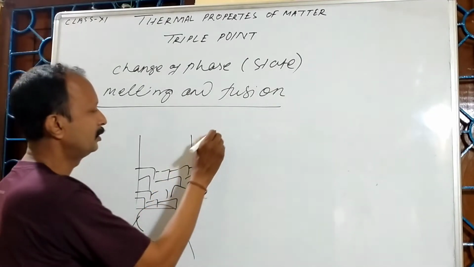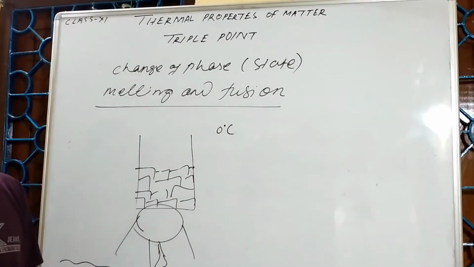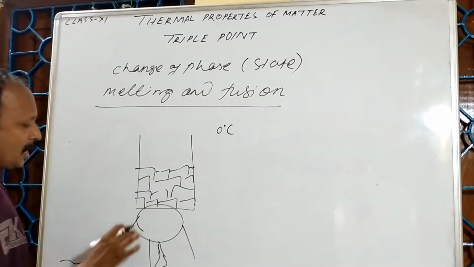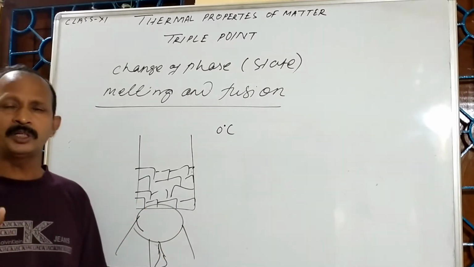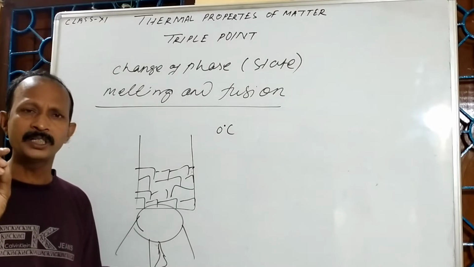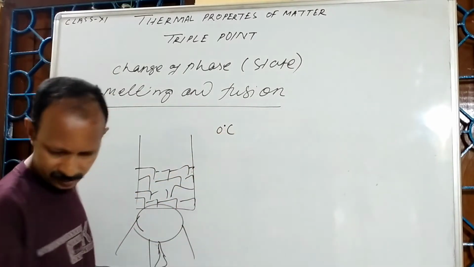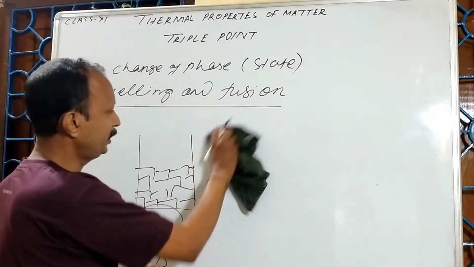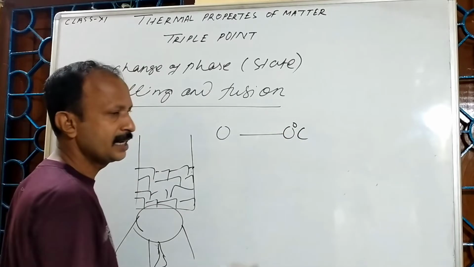For example, 0 degrees Celsius temperature is there. Now you started supplying heat. Time to time you have to note down the temperature. Now time is 0 second. Starting, you found the temperature is 0 degrees Celsius.